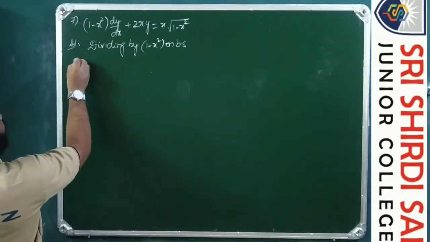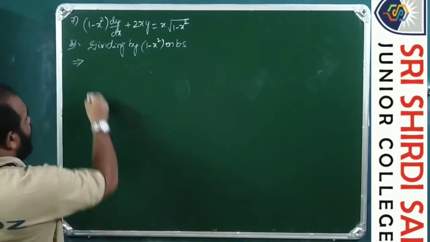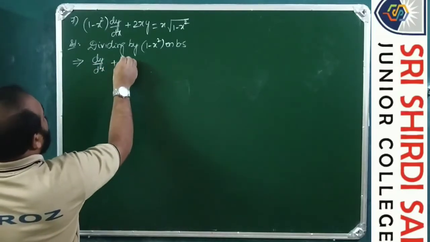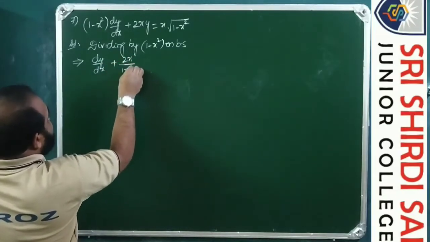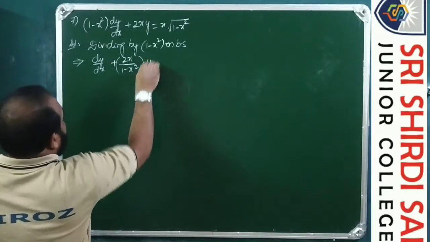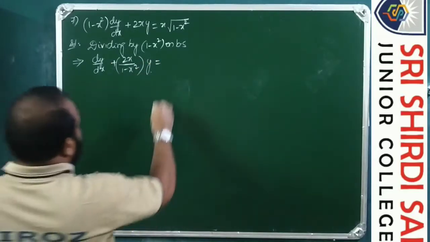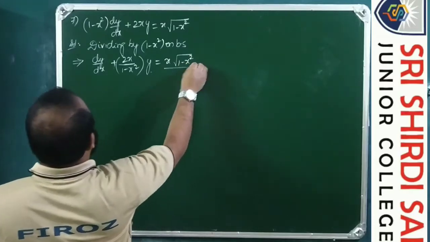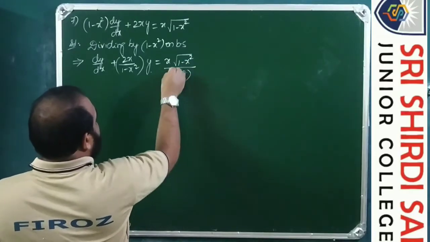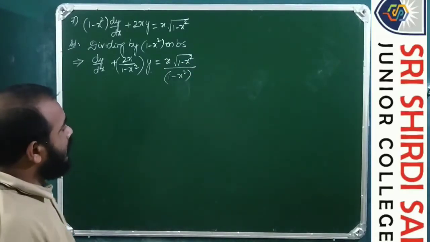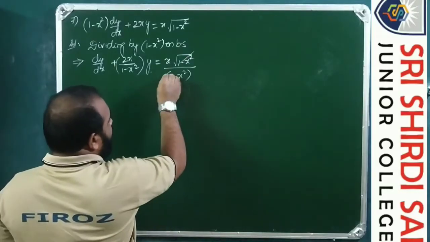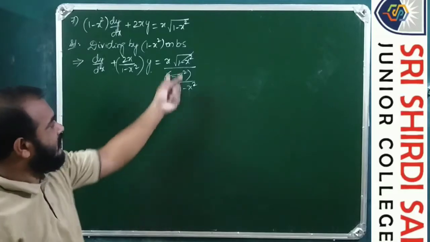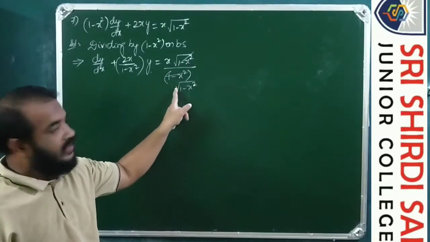So this is dy by dx plus 2x by (1 minus x square) into y equals x into root of (1 minus x square) by (1 minus x square). It will be root of (1 minus x square) times, because these are the same.